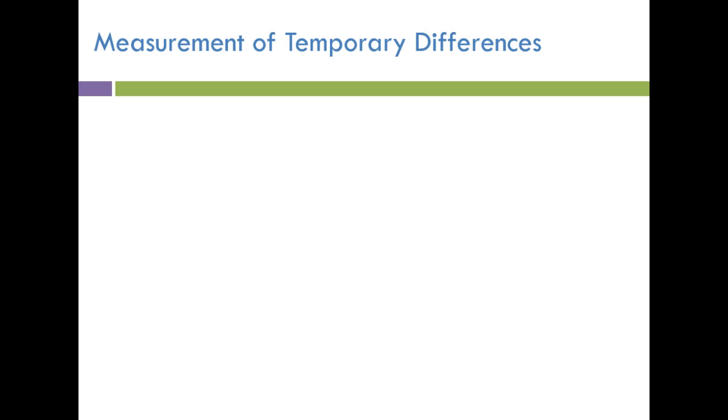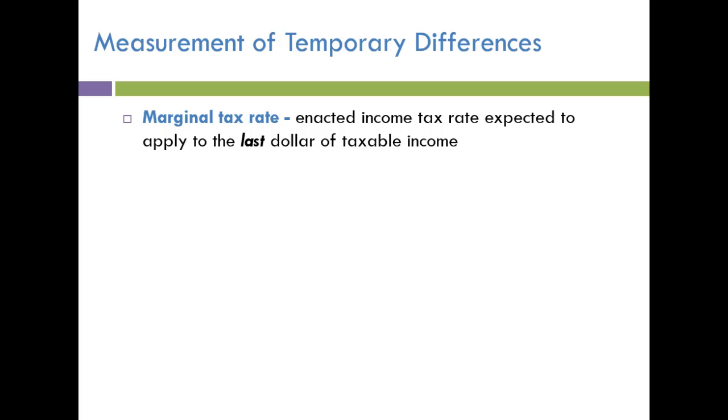Okay, let's go back. Measurement of temporary differences. Marginal tax rate is that income tax rate expected to apply to the last dollar of taxable income. That 25%, that last dollar is going to get taxed at a 25% rate, right?